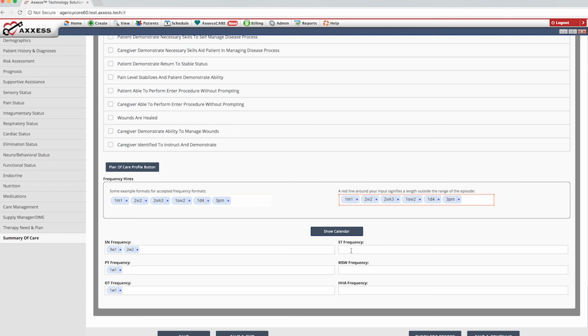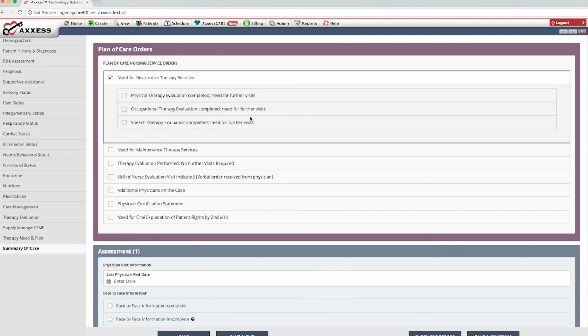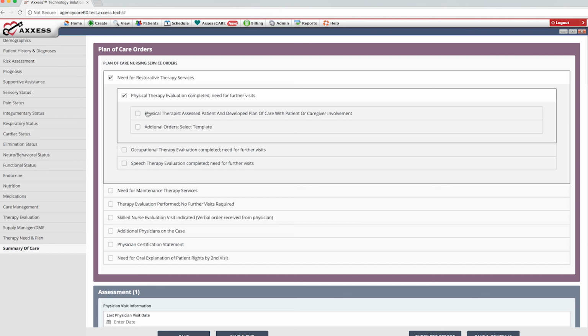So I want to show you next what the therapy portion at the top. So for the first line of interventions, if you are a therapist, then you will see these tabs listed here. So the first tab is the need for restorative therapy. So if your patient is in need of physical therapy, occupational, or speech therapy, and they need further visits, then you're able to check this information here.